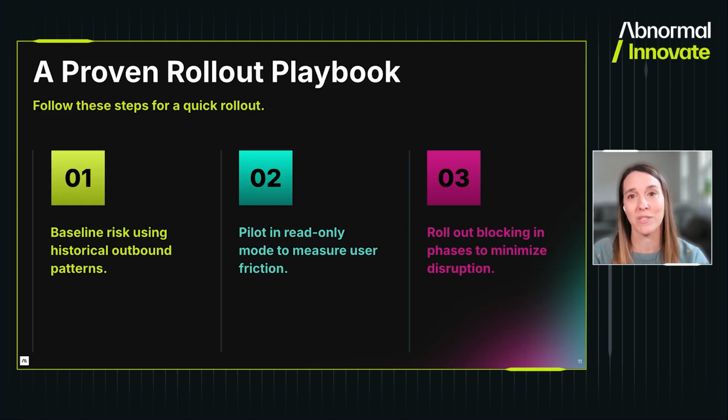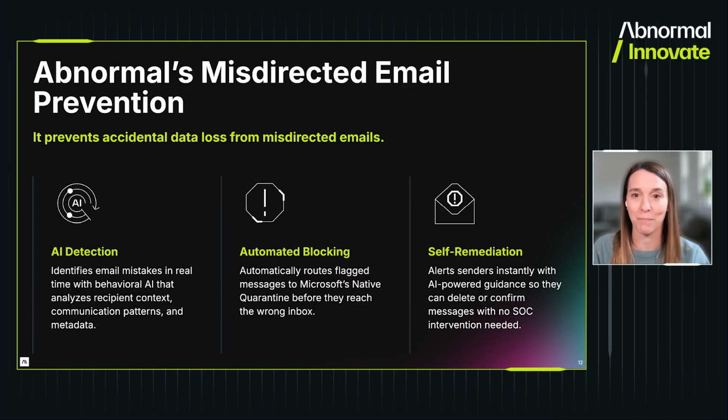Not only will this help to minimize end-user friction, it'll also give your team the opportunity to understand how many false positives you may see, what kind of noise may be created, and to build confidence in the solution itself. Lastly, when you're ready to roll this out and block emails for review, you'll want to do so in phases, perhaps starting with your highest risk parts of the business. This will help minimize disruption as you roll out your change management playbook.